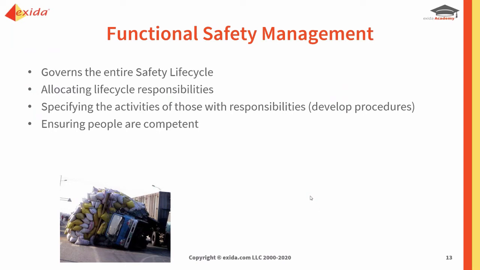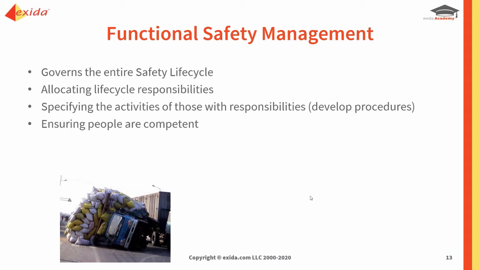So functional safety management governs the entire safety life cycle. And it's been beefed up in the 2016 edition now. There are a lot more shalls in there than there were before, and now you are required to allocate life cycle responsibilities. So roles and responsibilities have to be clearly defined. We need to have the proper procedures in place, and we need to make sure our people are competent.